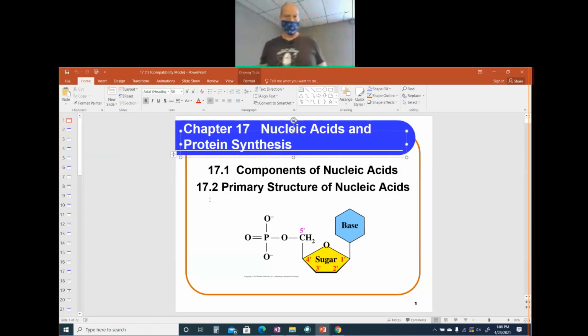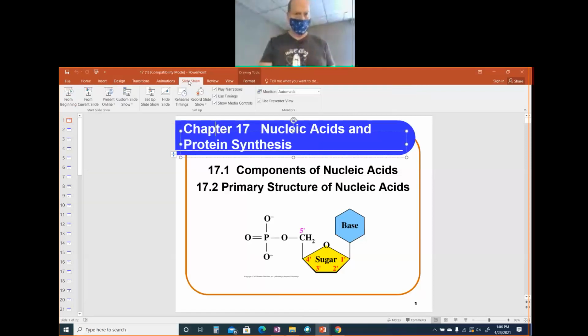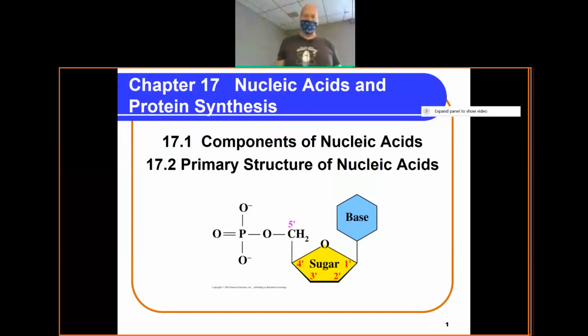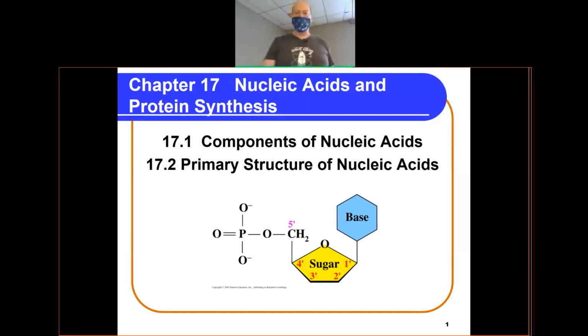All right, I'm going to go through a little bit of the polymers made of RNA and DNA. Make sure that you can easily tell the difference between RNA and DNA. RNA and DNA are both polymers, and the monomers are nucleotides.